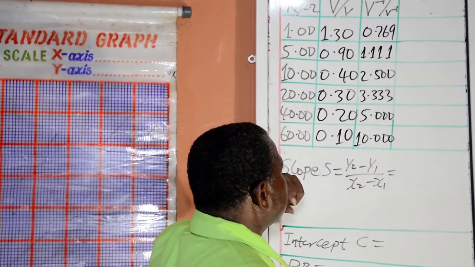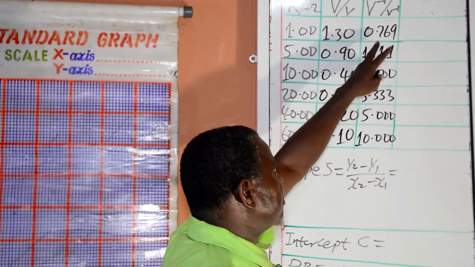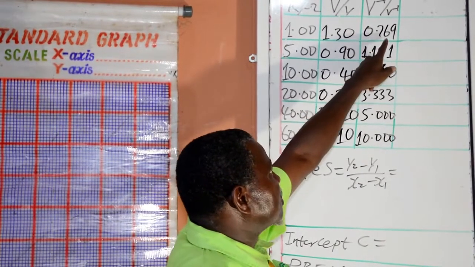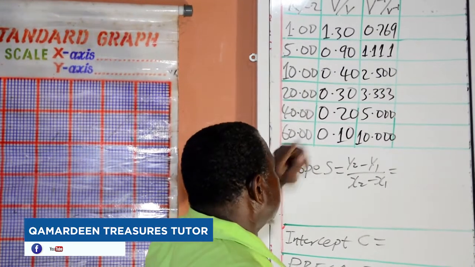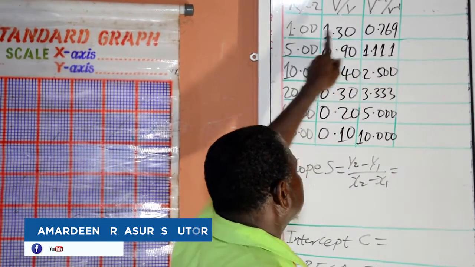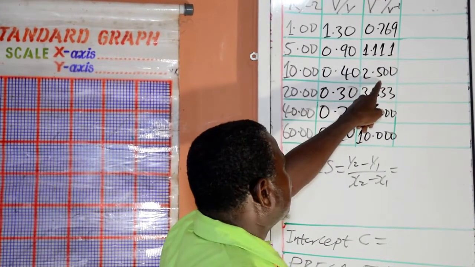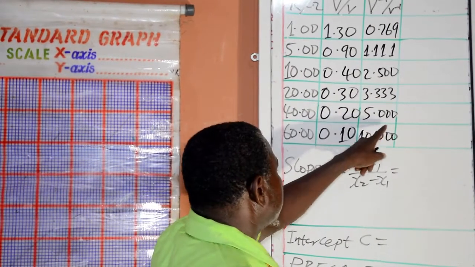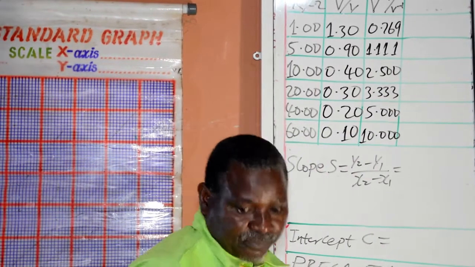As I told you the other time, when you are plotting, you plot to 2 decimal places. So we are going to plot 0.77 against 1, 1.11 against 5, 2.50 against 10, 3.33 against 20, 5.00 against 40, 10.00 against 60.